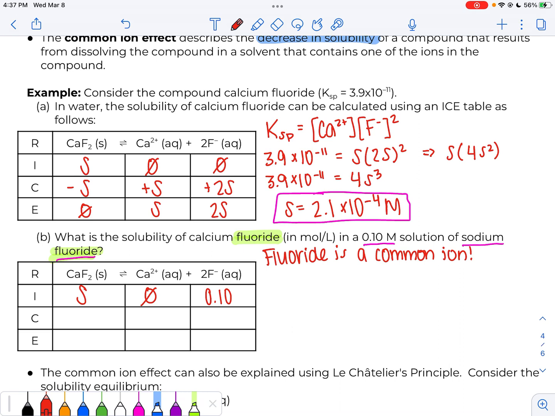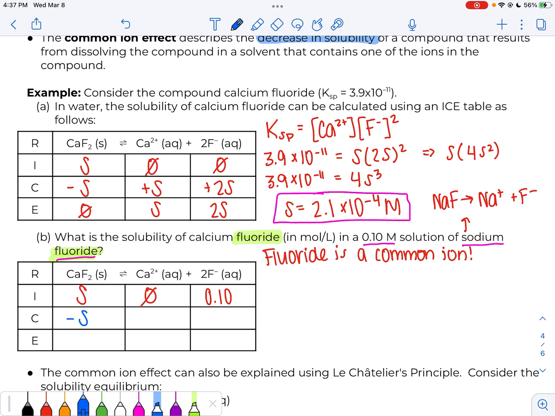There will be 0.1 moles per liter of sodium fluoride. Because when this NaF dissolves, it's going to dissolve into the Na and F ions. So if we have 0.1 molar sodium fluoride, we have 0.1 molar fluoride ions. All right, so then let's go back to our change here.